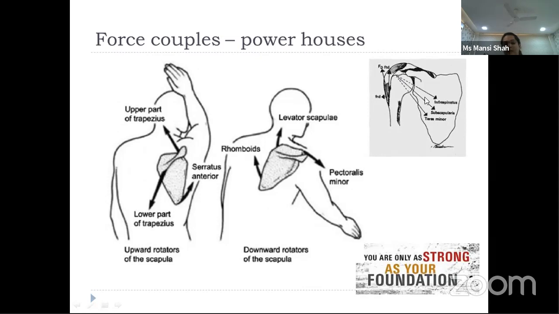At the same time, that is offset by the rotator cuff muscles, infraspinatus, subscapularis, and teres minor. We also have the force couples in the transverse plane, which is the subscapularis and the infraspinatus. We need to achieve an excellent balance between these muscles. Most of the times, as Sir had explained, we need to work on the infraspinatus more than the subscapularis.